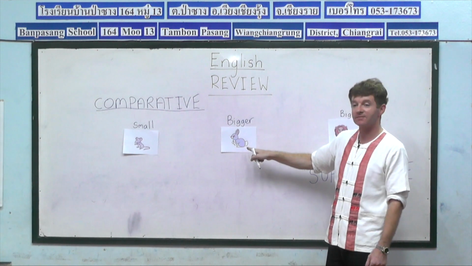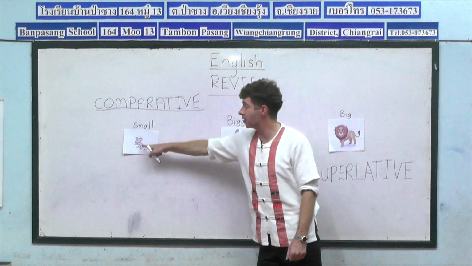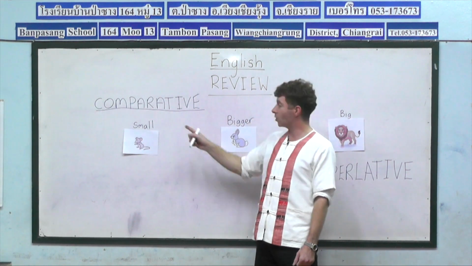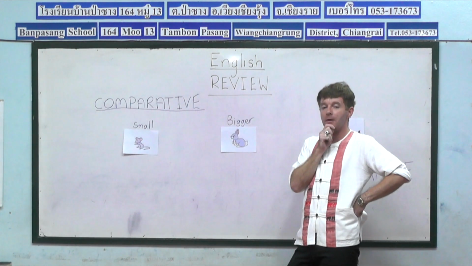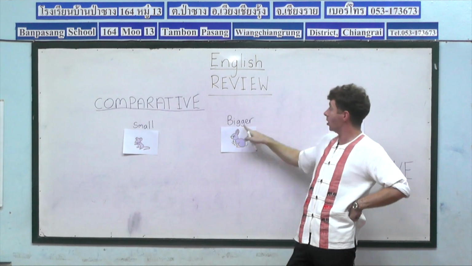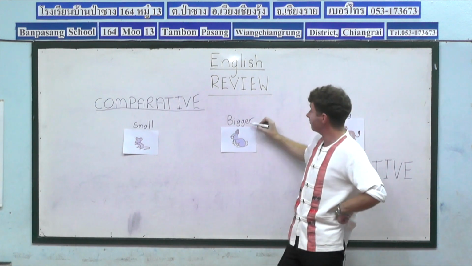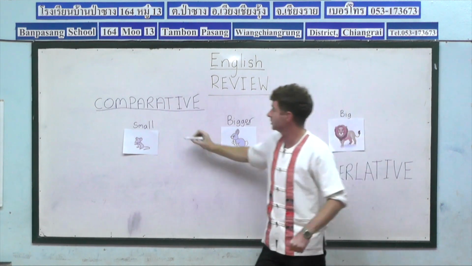The rabbit is bigger than the mouse. So what do we have to do with small for the mouse? Not smallest, small, smaller. When we're doing comparatives, ER.